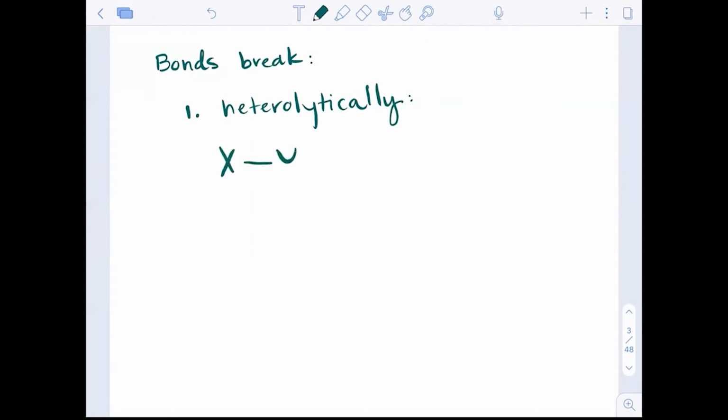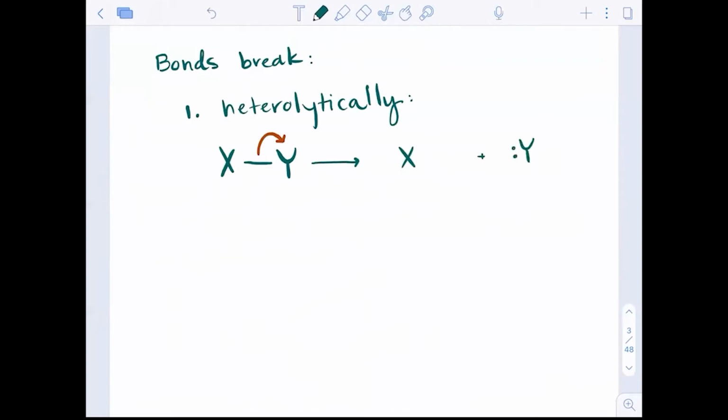Bonds can break in two different ways. The first one that we can see most often is called a heterolytic bond breakage. So bonds break heterolytically, where if we had bond X, Y, we form a double-headed arrow, and the bond becomes a lone pair.